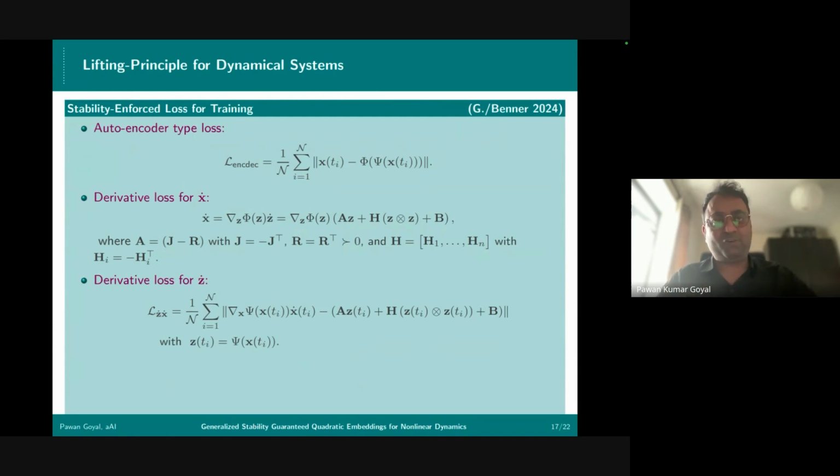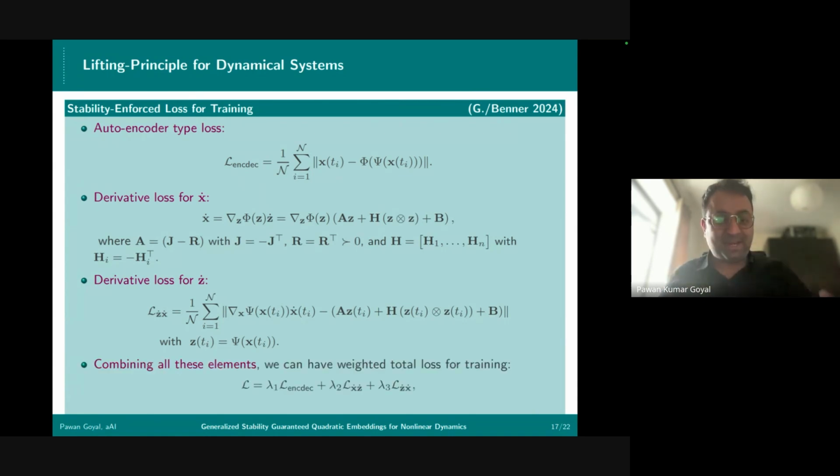Typically enforcing stability is not a super easy concept, but if we can find a parameterization which can work together with the quadratic optimization, then it becomes much easier. Because then we do not have any hard constraints, like subject to some eigenvalue conditions, but we actually fuse everything into the parameterization of the system. Then we can have a classical loss function, and we can train all these components together.